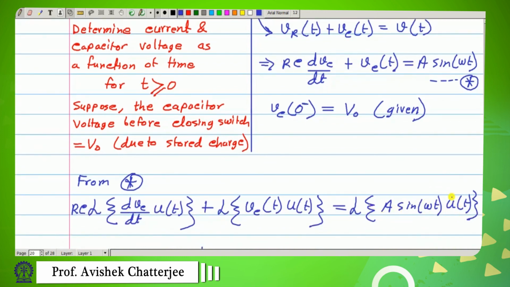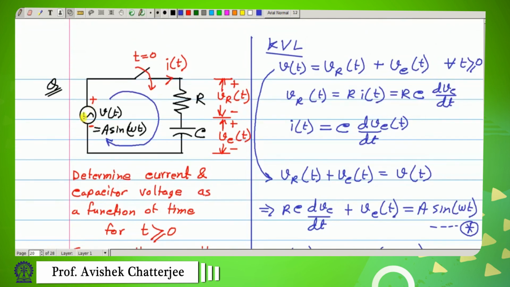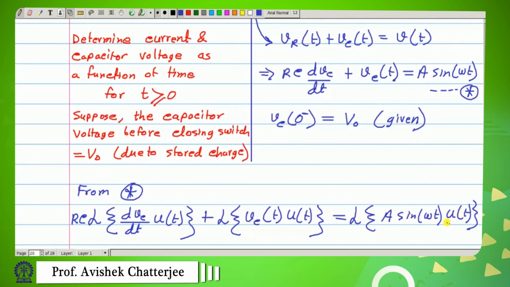Here the right side is Laplace transform of a sin omega t ut. However, notice that this generator voltage is a sin omega t alone. There is no ut here. We are getting this ut here because we are taking one-sided Laplace transform.